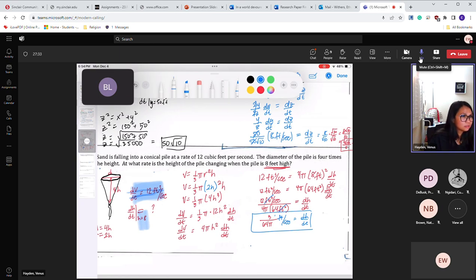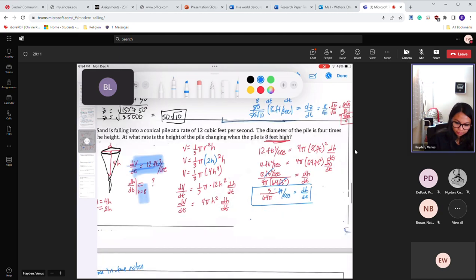Yep, for the conic shape, the formula is given. There are 2 problems out of 16 that have related rates, problems 1 and 2, and the formula is provided. Okay, cool. Thank you.